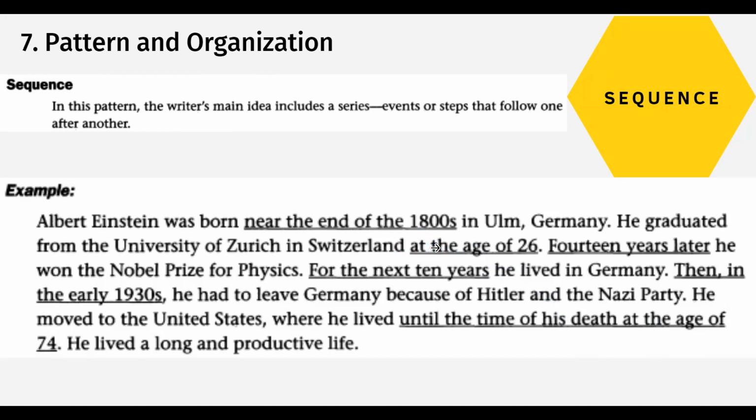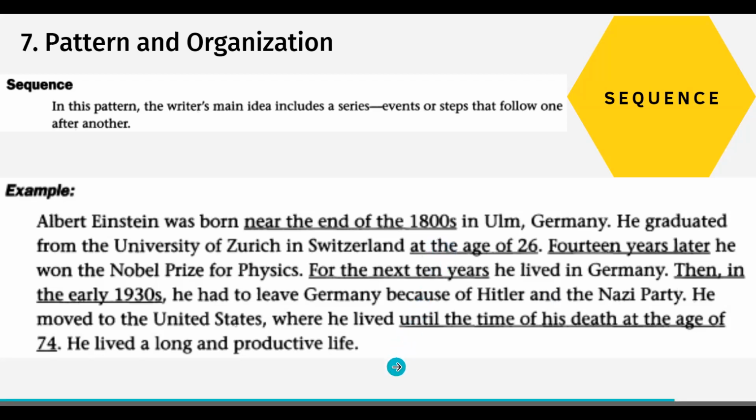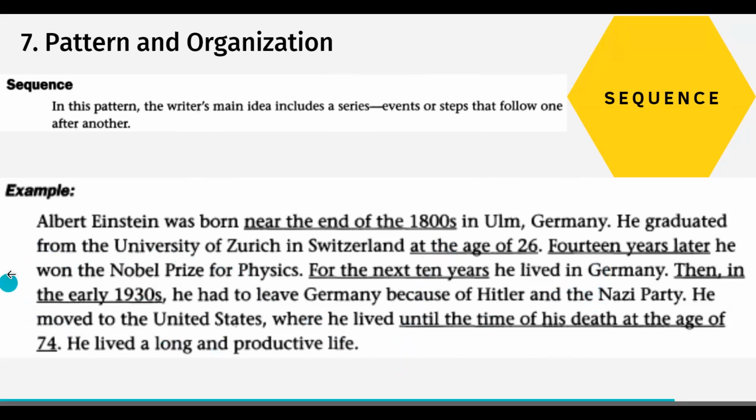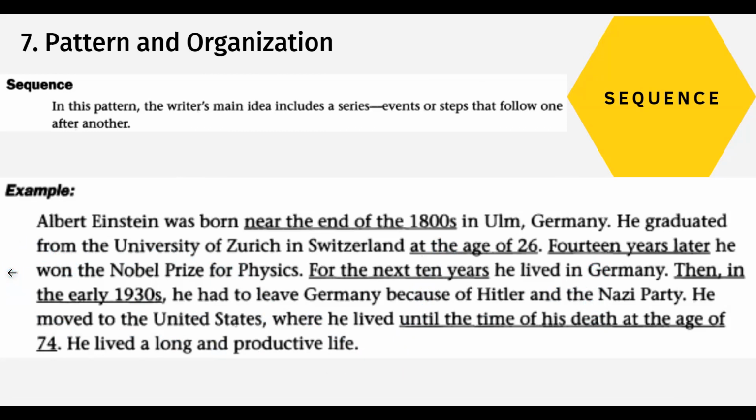In Ulm, Germany, he graduated from the University of Zurich in Switzerland at the age of 26. 14 years later, he won the Nobel Prize of Physics.